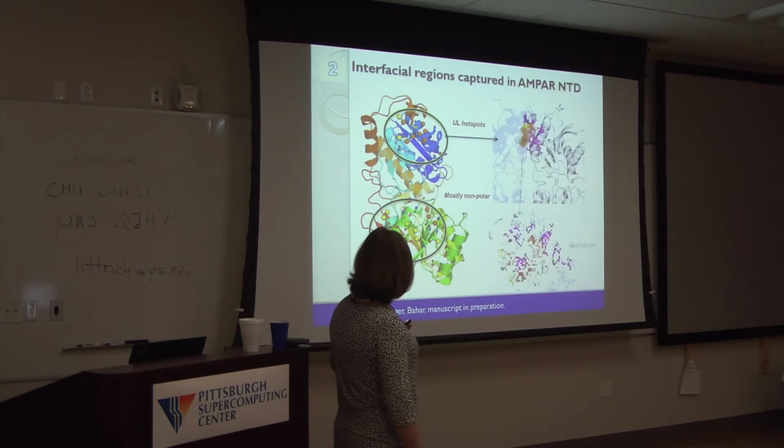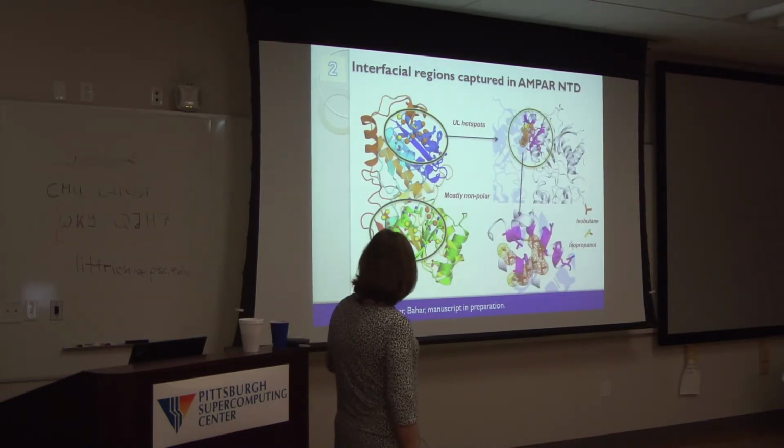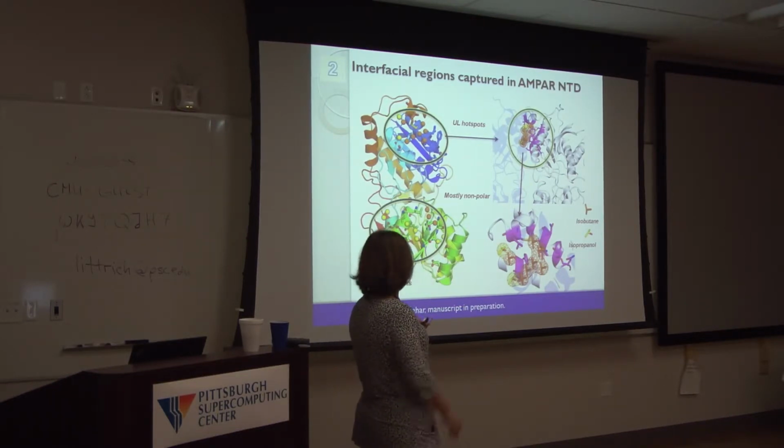I think I'm going to skip this. But again, the idea is, these are the regions that are being identified. And here, one of them would also agree with experimental observations.